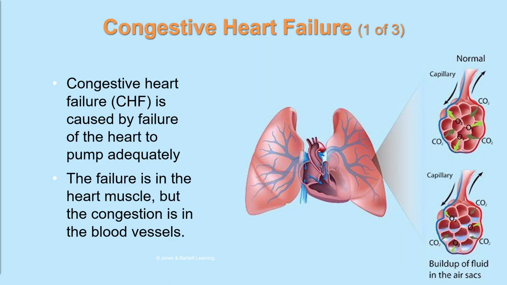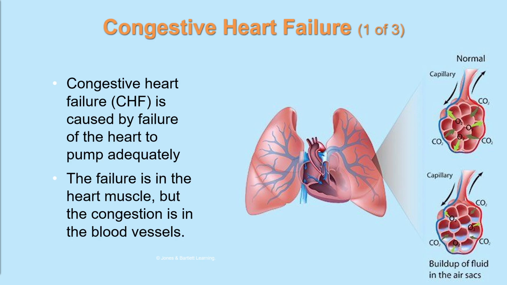All right, so let's talk about congestive heart failure. This is probably something that you've heard of. This affects elderly family members. But congestive heart failure is caused by a failure of the heart to pump blood adequately. So either pump the blood up into the lungs or pump the blood away from the heart to the rest of the body.